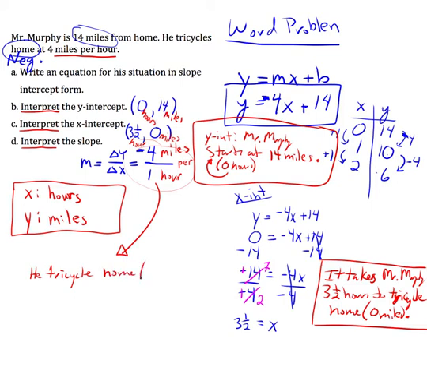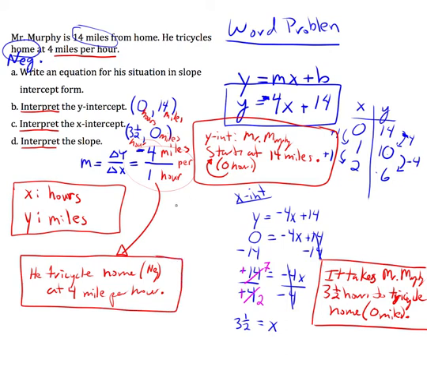And here I'm going to put the negative at 4 miles per hour. And notice I didn't put the negative in front of the 4, because the word tricycle home implies that negative. So that's why we don't write the negative in there. Otherwise, it'd be a double negative, which would be positive, and it gets all messy.